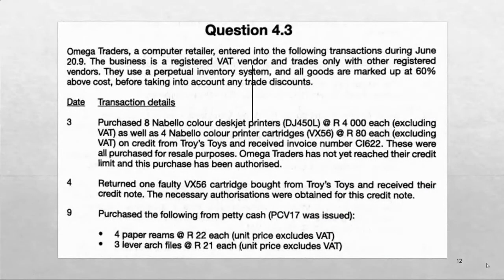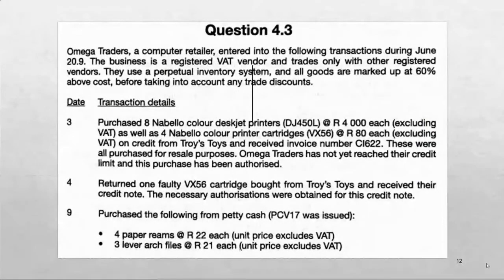Okay, so now what we're going to do is we are going to try and record transaction number 4 and transaction number 9. So I'm going to give you 5 minutes just to read through it and see if you can figure out what account is being debited, what account is being credited, and then if it is an asset or liability or owner's equity account that it relates to.